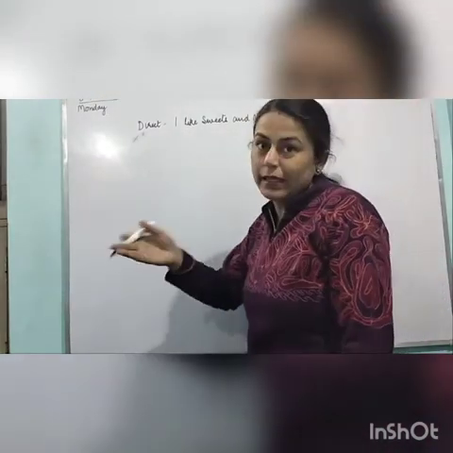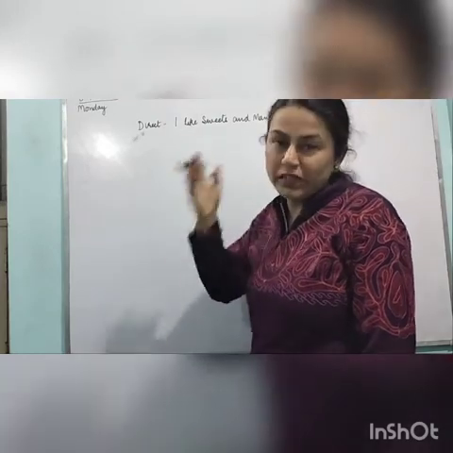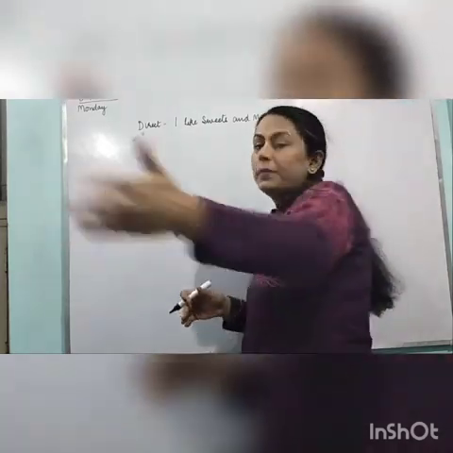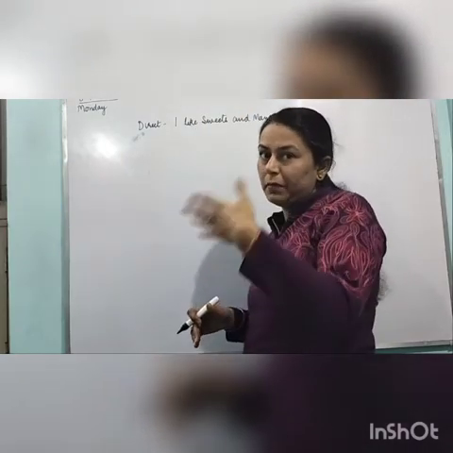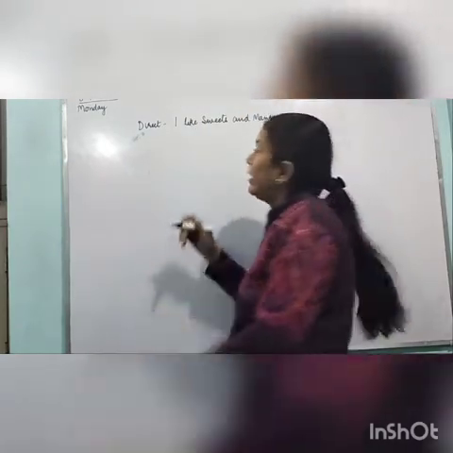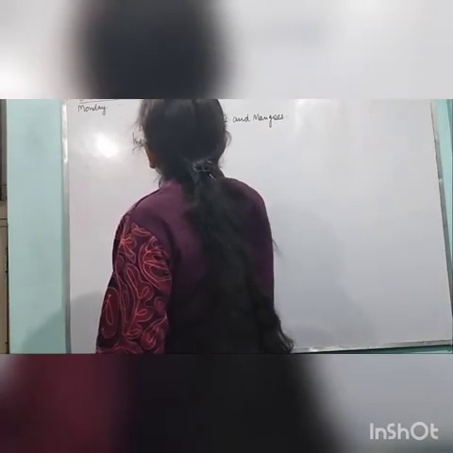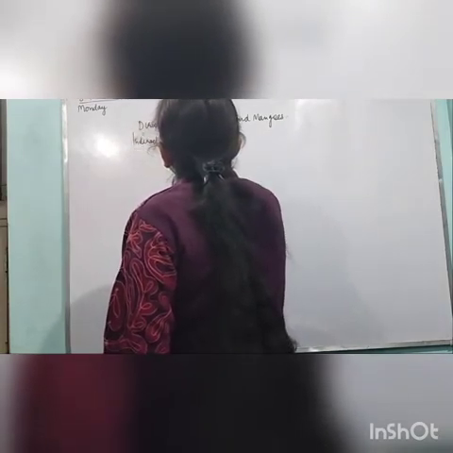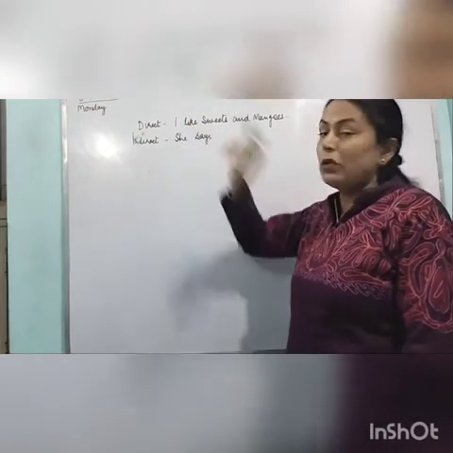Either you will say directly, I like sweets and mangoes. But अगर कोई थर्ड पर्सन आपको बोल रहा है कि आपको किसी थर्ड पर्सन को बताना है मेरी बात, तो आप कैसे बताएंगे? इनडायरेक्ट में. So how will you tell indirect? She says. If it is says, then the tense will not change.